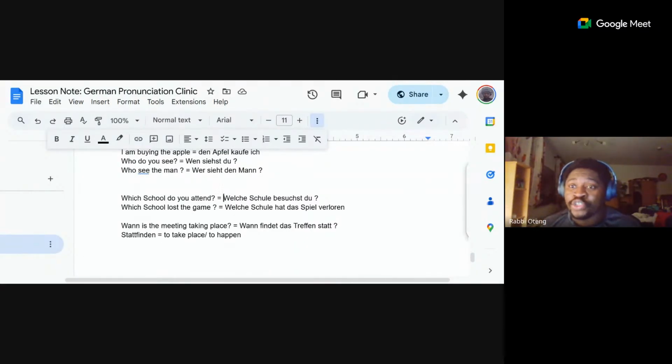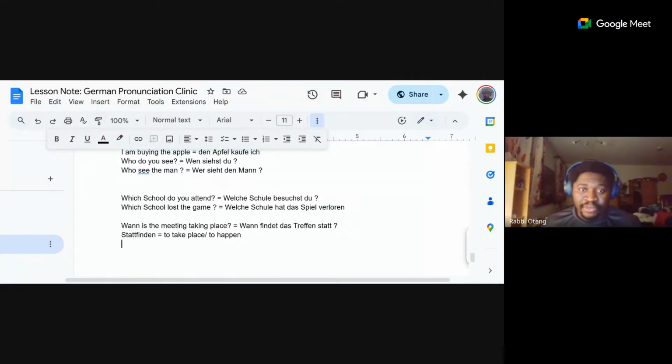How big, how small is the man? How old are you? How smart? Okay, how is always used with an adjective. So the adjective will stick to the how.